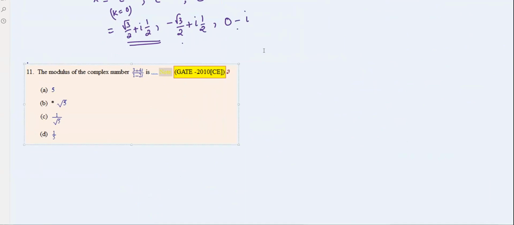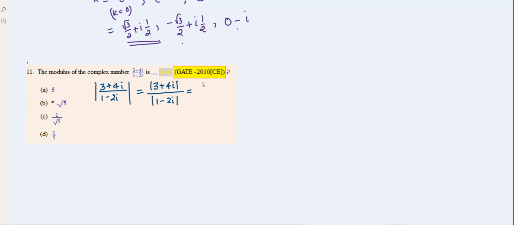Now, modulus of a complex number. It's not loading properly. Yeah. Modulus of a complex number in which there are ratios: mod of Z1 over Z2 is mod Z1 over mod Z2.